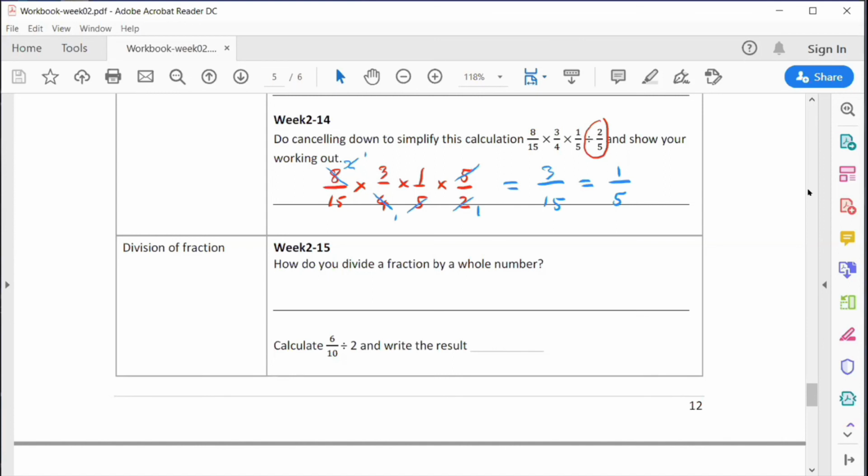All right. So what did you write out? Divide the numerator by the whole number if possible. You see, you divide the numerator by the whole number if that is possible.